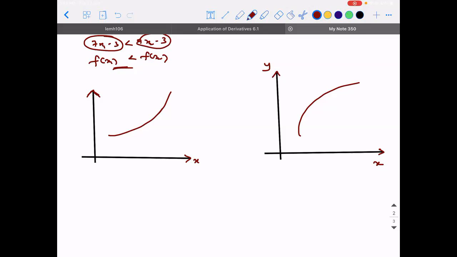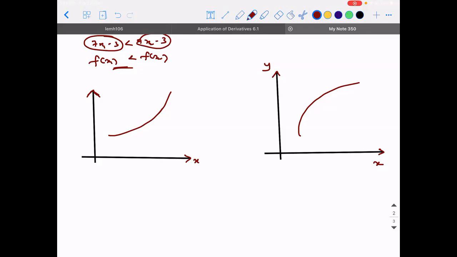Is it increasing or decreasing? It starts from the left hand side, right? Okay. No, it's not constant. It is an increasing function.